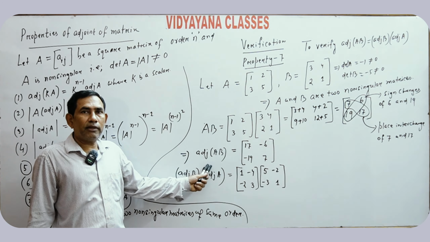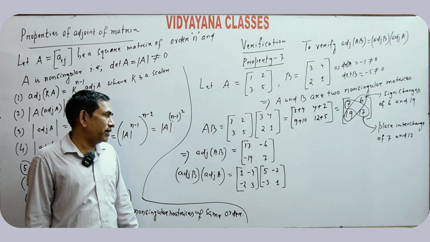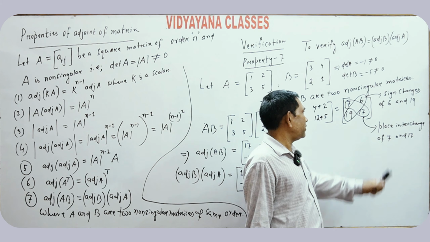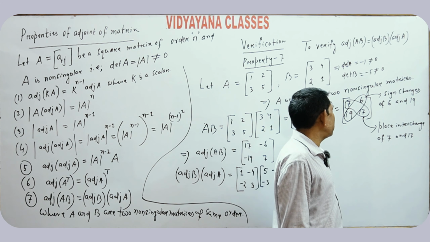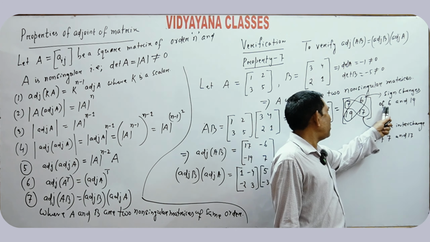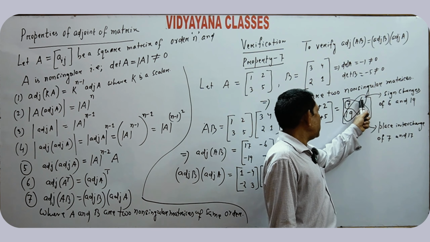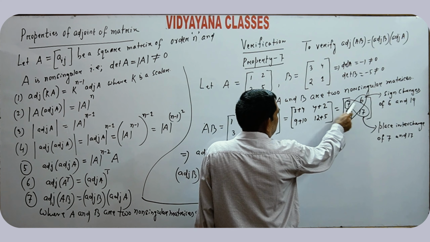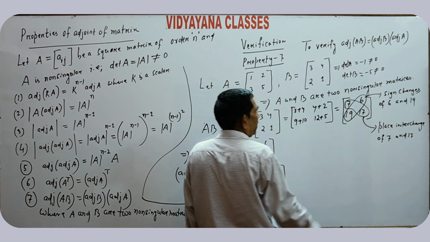Adjoint means transpose of the cofactor matrix. By the direct method, the diagonal elements are interchanged and the signs change.